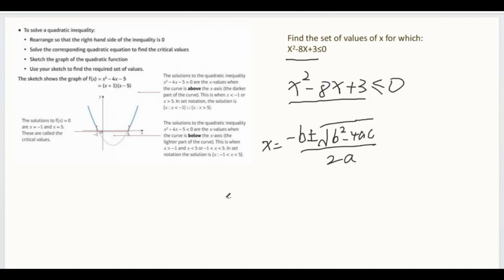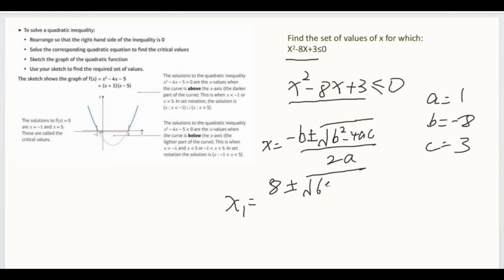Here a equals 1, b equals negative 8, c equals 3. So negative b is 8 plus or minus the square root of negative 8 squared, which is 64, minus 4 times 1 times 3, over 2a.